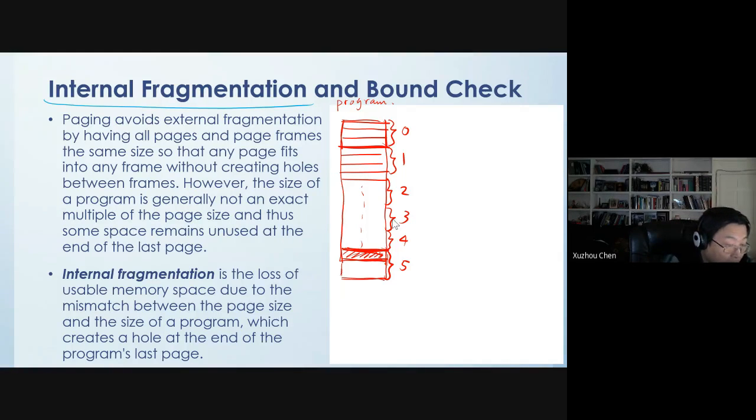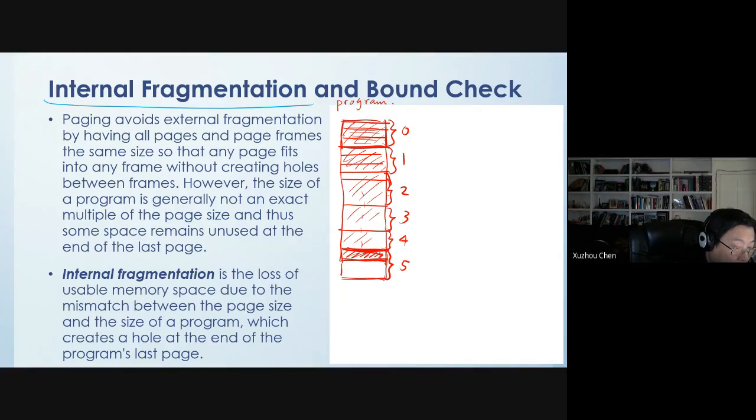So in that scenario, page 0 consists of all these logical memory locations. Page 1 consists of all this. Page 2 consists of all this, and page 3, page 4, and they're all the same size.